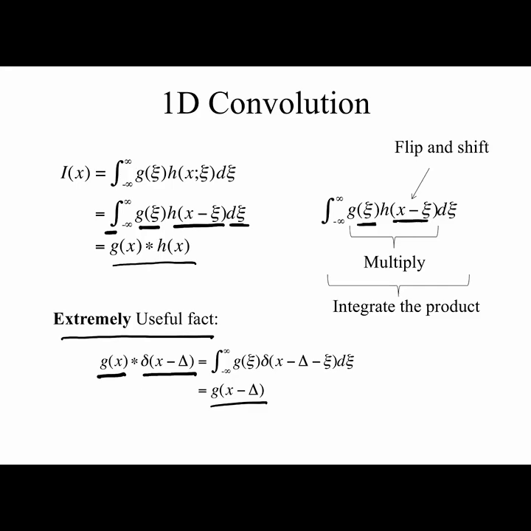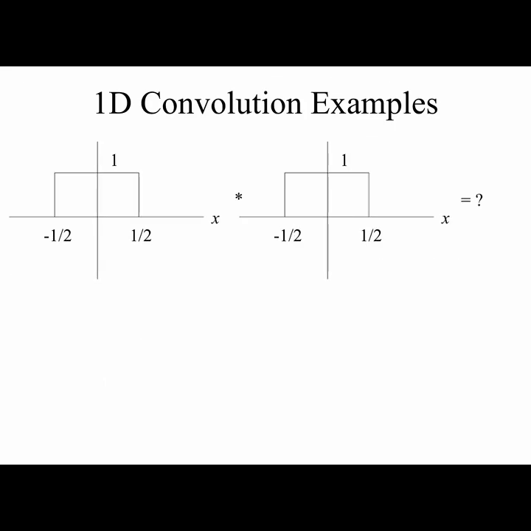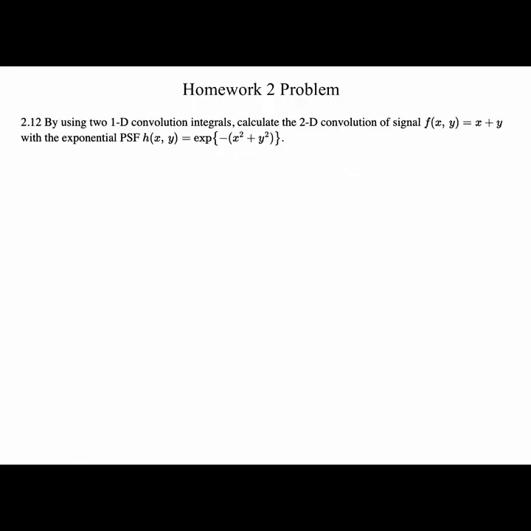So let's do an example of that from the homework. Here you have f of x, y equal to x plus y, so we'll just set this problem up for you, and h of x, y equal to exp of minus x squared plus y squared.